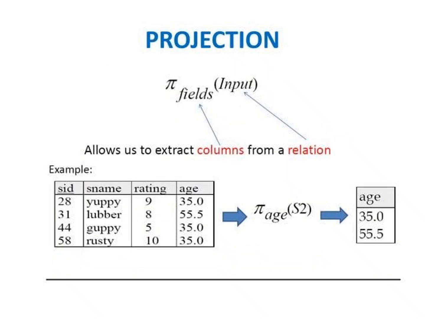Next, projection. Pi is used for projection. Here we have to use the fields which represent the columns, and an input table should be there. For example, SID, SNAME, rating, age. So this is the projection operation.